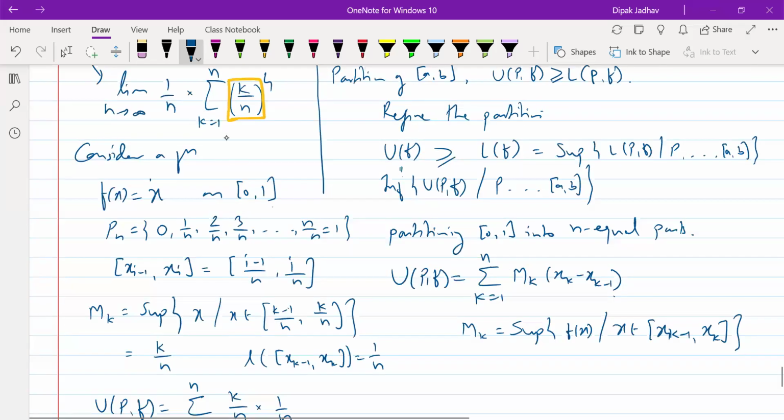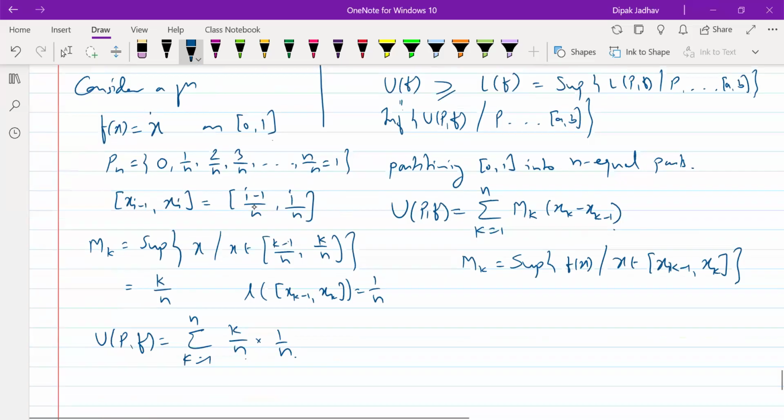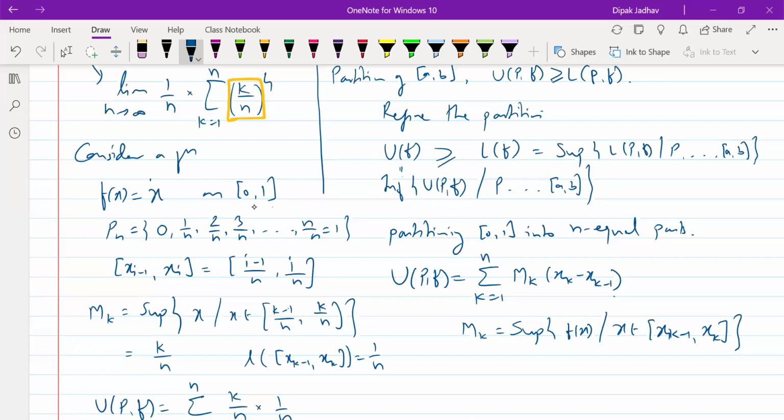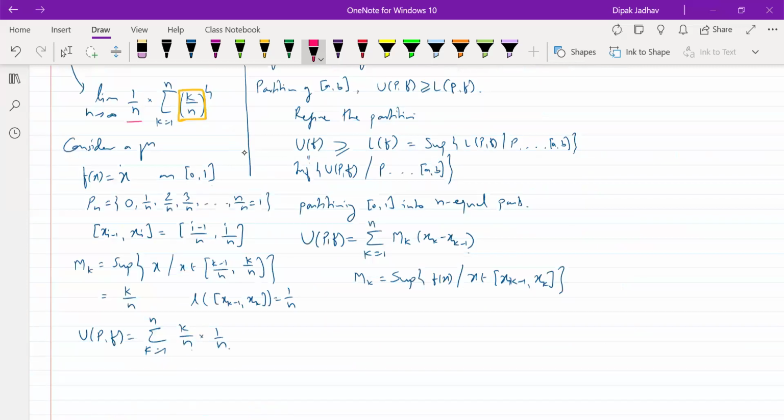There is a slight deviation. What is the deviation? We have got 1 by n here also. We have got k by n here also. But here we have k by n raised to 4.